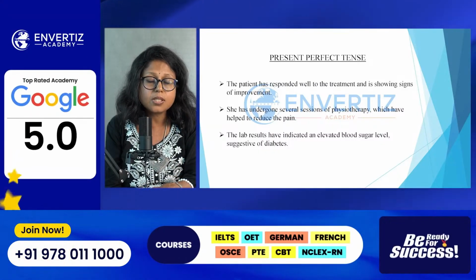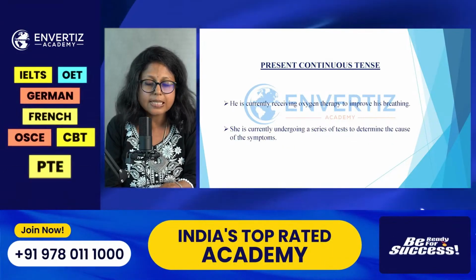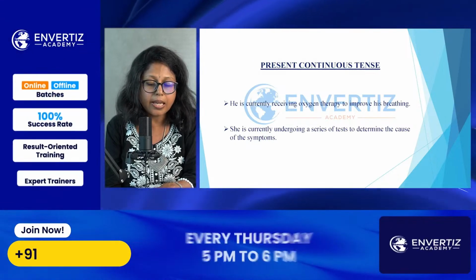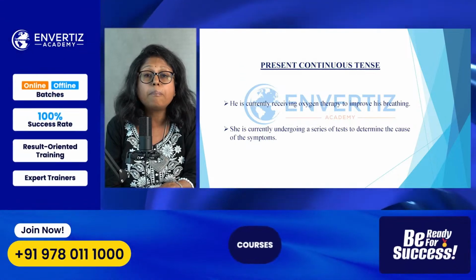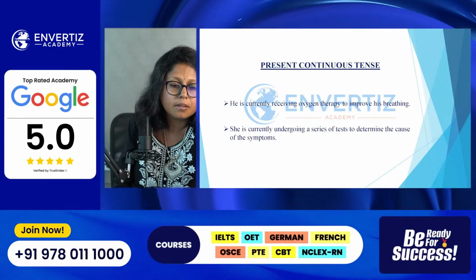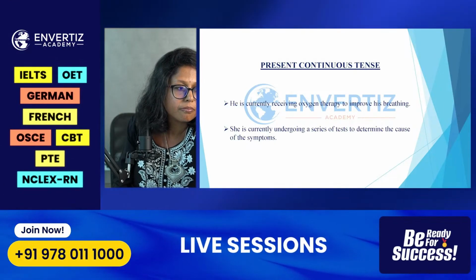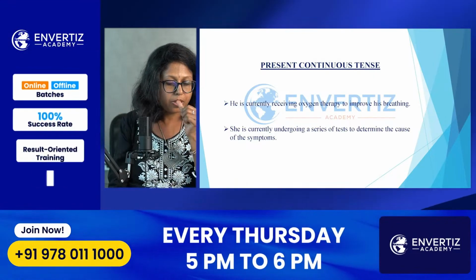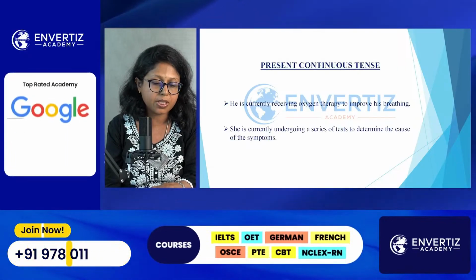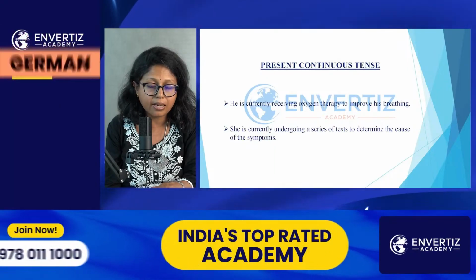Okay, which takes us to the next tense, which is present continuous tense. These have no relation to the past and exclusively talk about the present. We have sentences like he's currently receiving oxygen therapy to improve his breathing, which means that this is being done currently.